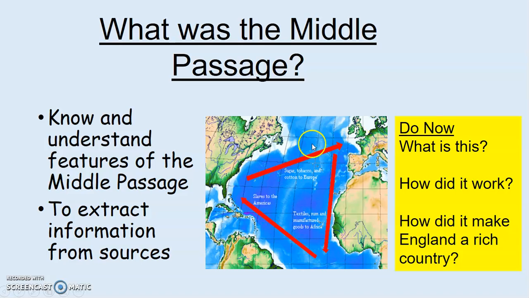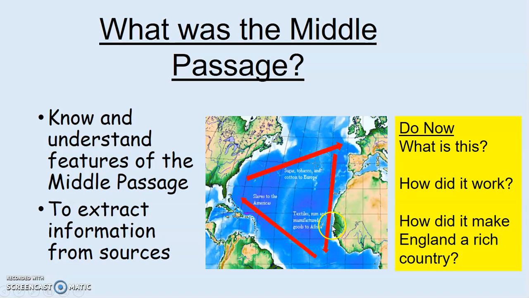Okay, so this is the triangular trade route, which you looked at last lesson and completed your extended piece of writing on. You can see here how manufactured goods from Britain were taken to the west coast of Africa, textiles, rum and other goods which were sold and traded here.